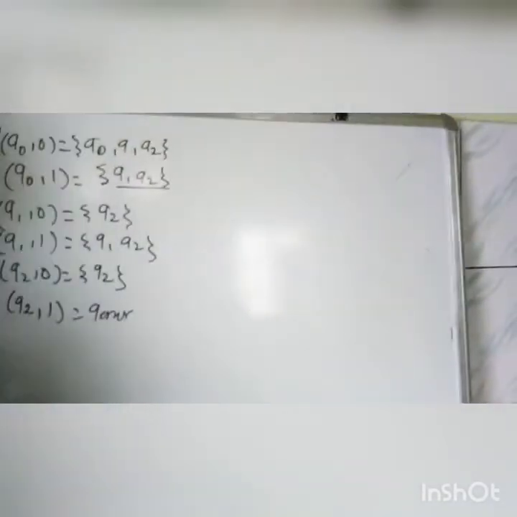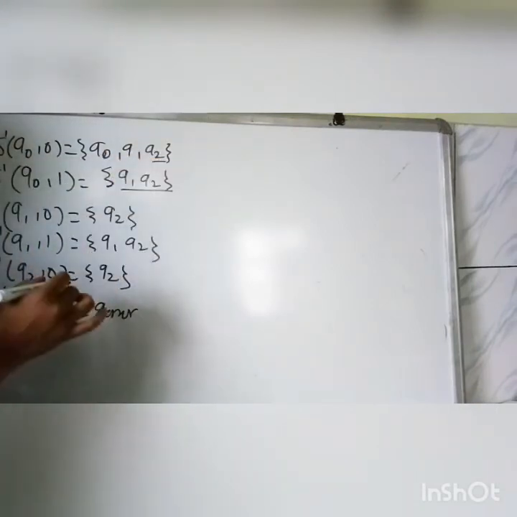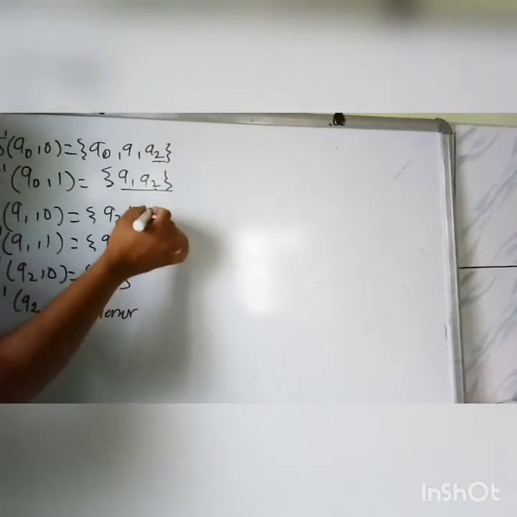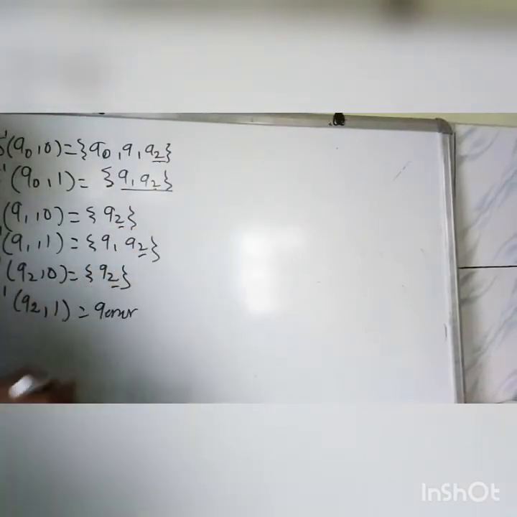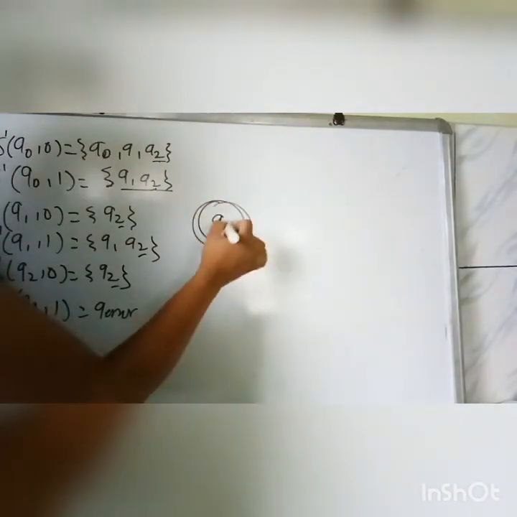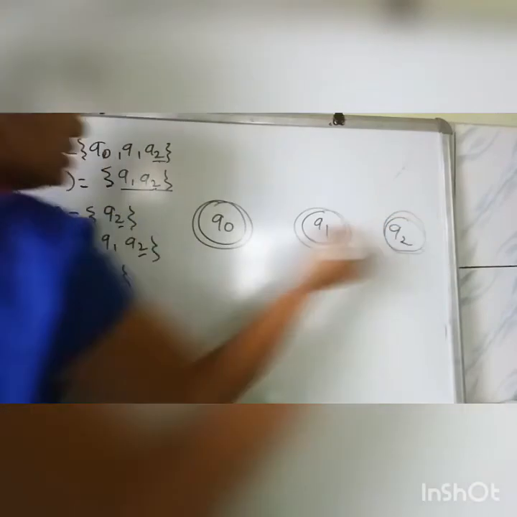First of all, we see Q0 having Q2 as its output state, and again Q2, Q2, Q2. The states which have Q2 in their output will all become final states. So Q0, Q1, Q2 are the final states.